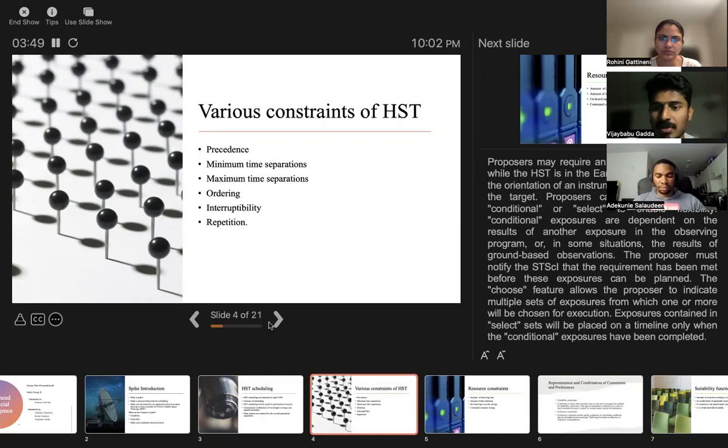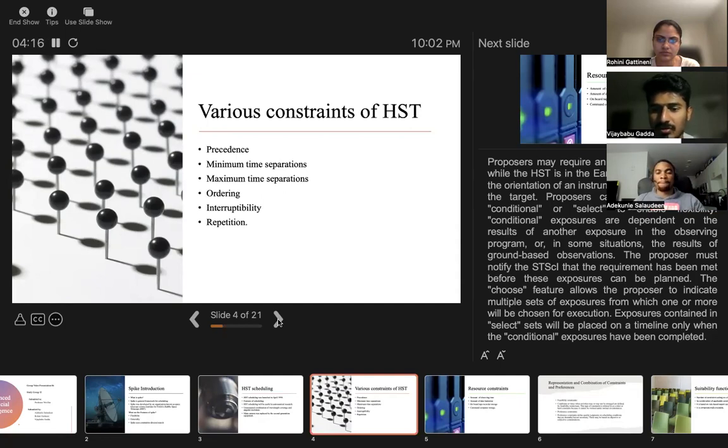Proposers can label exposures as conditional or select to enable flexibility. Conditional exposures are dependent on another exposure in the observing program, or in some situations the results of ground-based observation. The proposer must notify the STScI that the requirement has been met before these exposures can be planned.